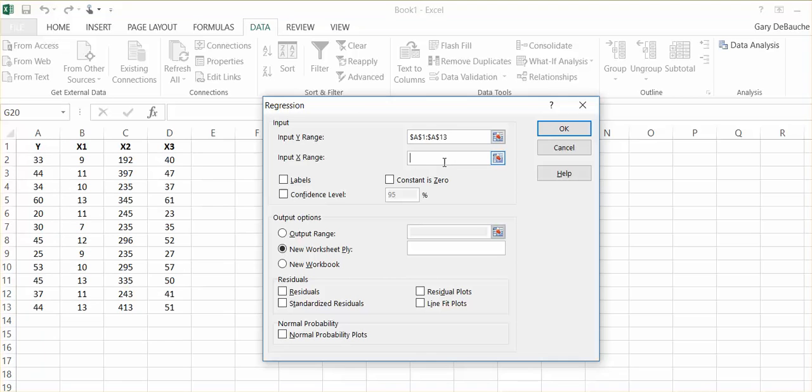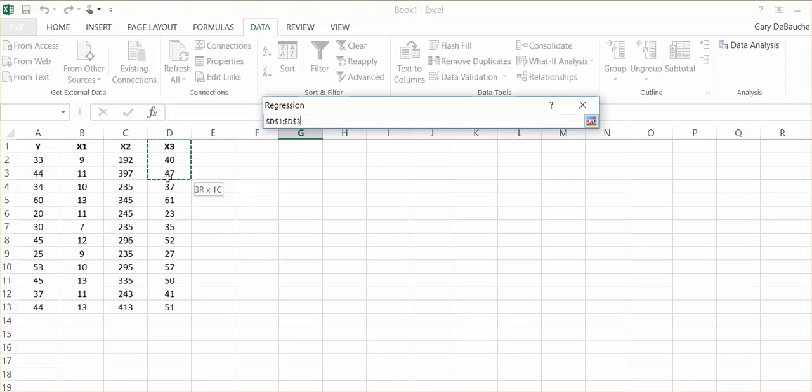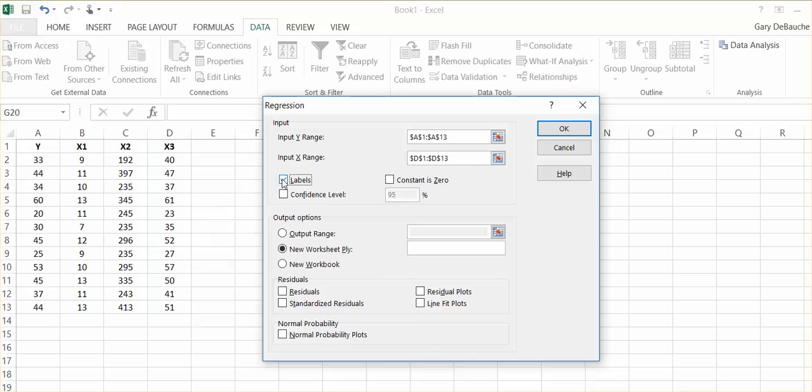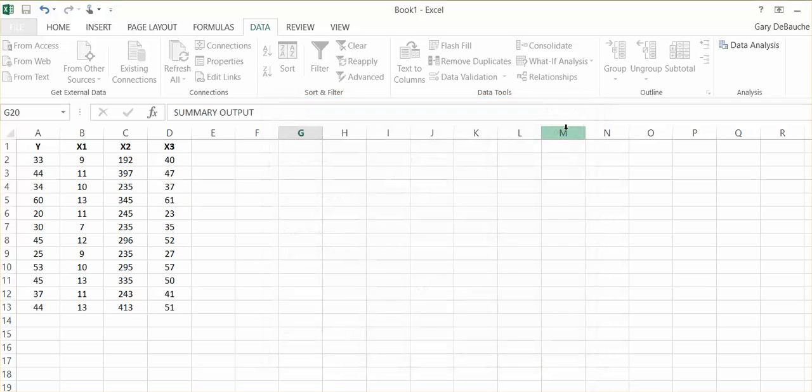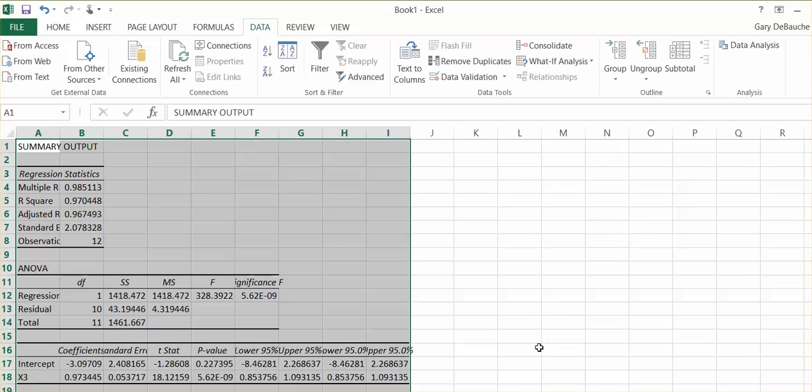And then our x will be, of course, our x3 predictor independent variable. We'll mark our labels, and then we'll do the analysis, and we can see that the r square is 97%, and we can come on down here, p-value.